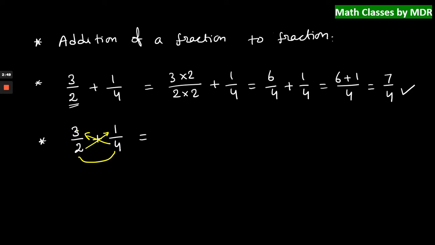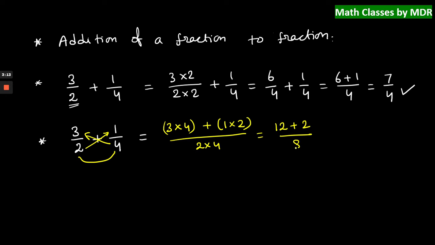So 3 into 4 plus 1 into 2 divided by the product of the denominators. 3 into 4 is 12 plus 2 by 8, so that is 14 by 8. You can cut 2 here, so 7 and this is 4. Therefore, it is equal to 7 by 4.